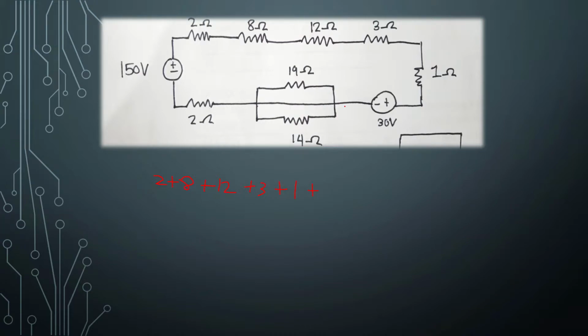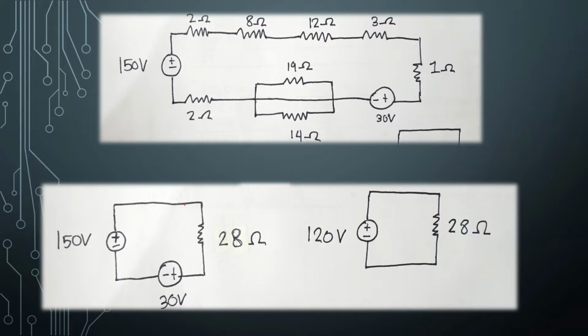So it is plus 0 resistance plus 2 ohms. So now we have 28 ohms total resistance.